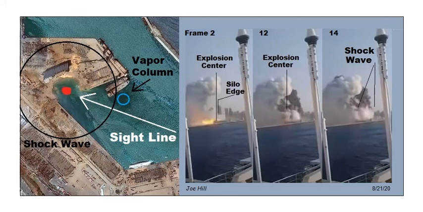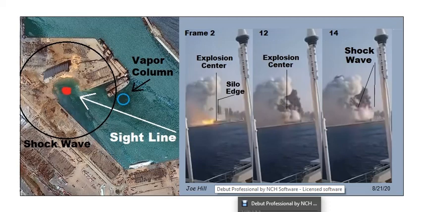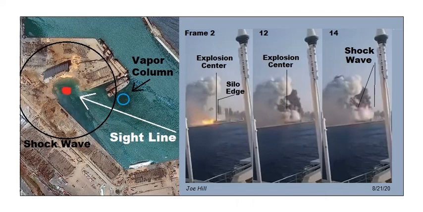Now, in order to do any study of this and try to locate the origin of that vapor, I had to get a sight line. It was fairly easy to do. This is frame 2, and we're very fortunate that this fireball that shot out this way reflected off of the grain silos, which are this little square area right here. I was confused at first because I thought this was the grain silo, but that's too tall.